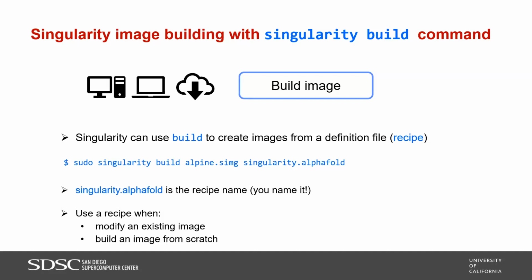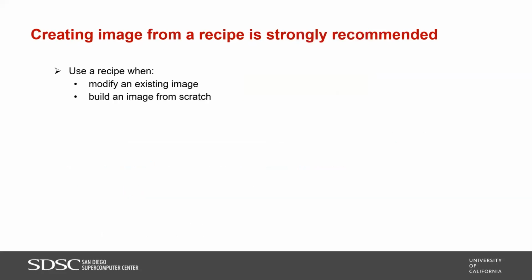And you can use a recipe when you want to modify an existing image, or you build an image from scratch, or you want to add new features to your image. It can be very flexible once you get to know how it works.